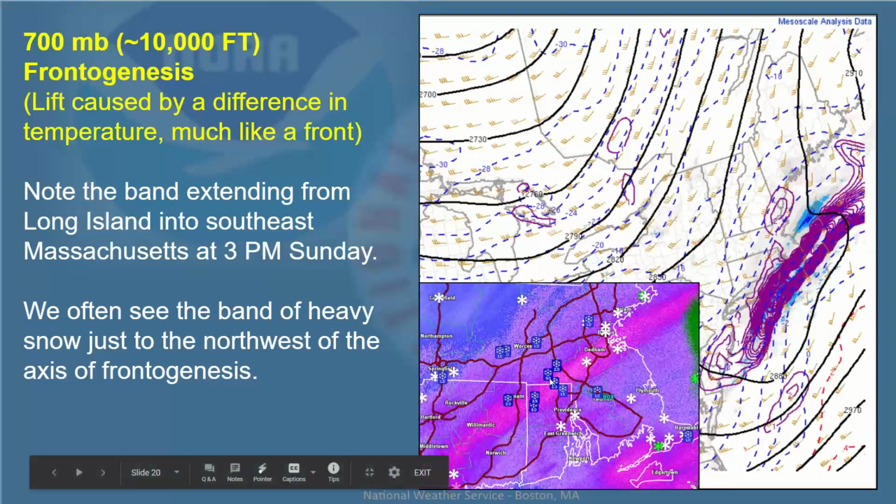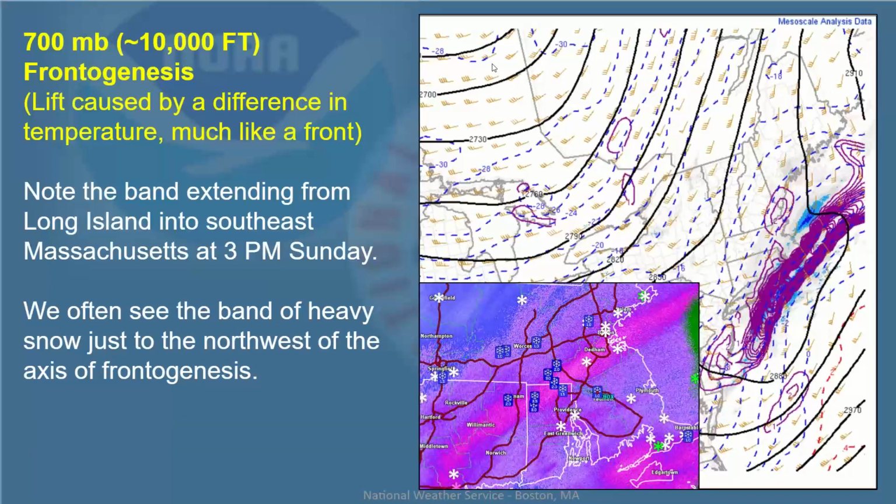And that's because you have to think of the atmosphere in 3 dimensions, right? So if there's mid-level convergence, that air is being forced up and over. It's usually displaced just northwest of that. So where you see that strongest mid-level frontogenesis at, say, 10,000 feet, that temperature gradient, often the heaviest snow is northwest of that area. And that's exactly what happened in this case.